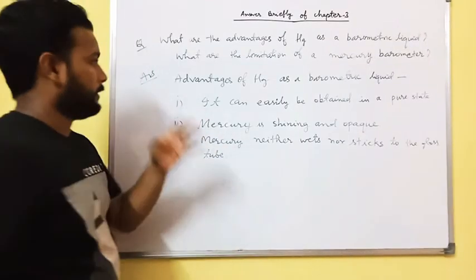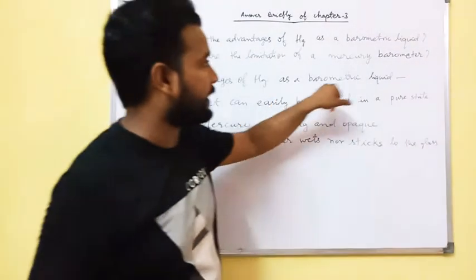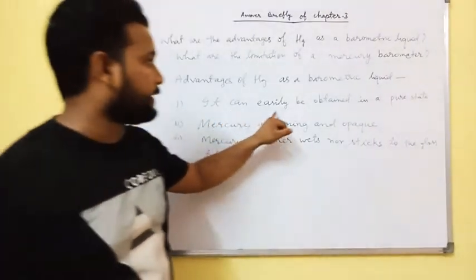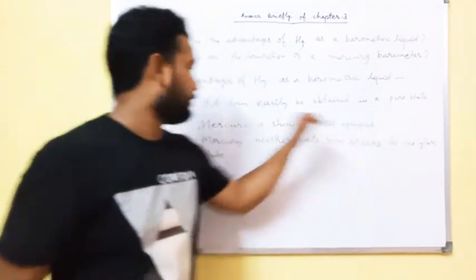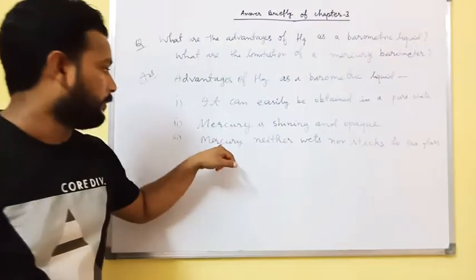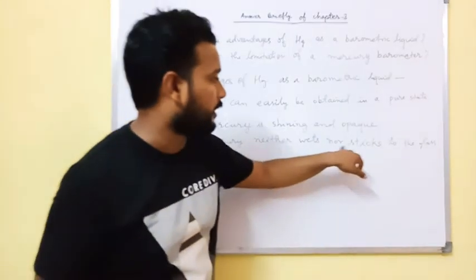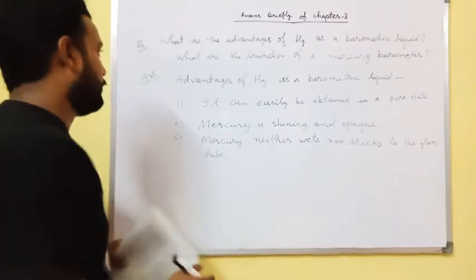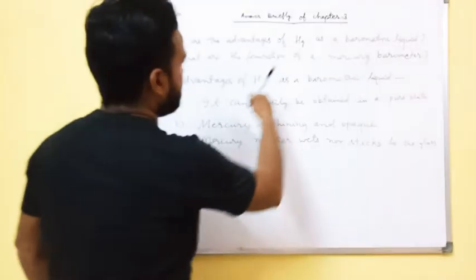Okay, so these are the advantages of mercury as a barometric liquid. First, mercury can easily be obtained in a pure state. Second, mercury is shining and opaque. And mercury neither wets nor sticks to the glass tube.